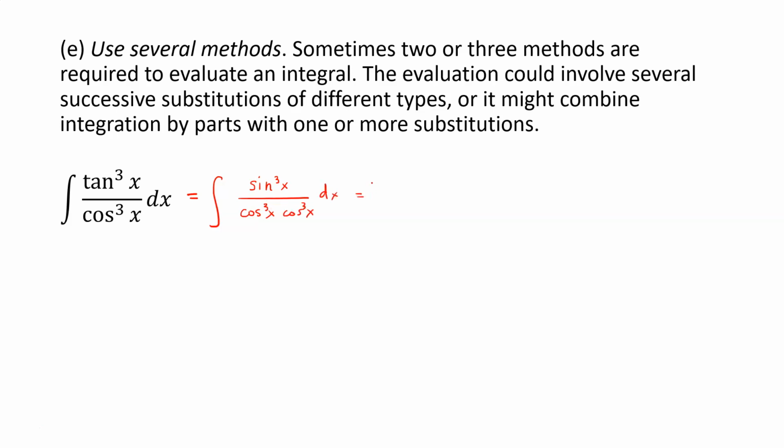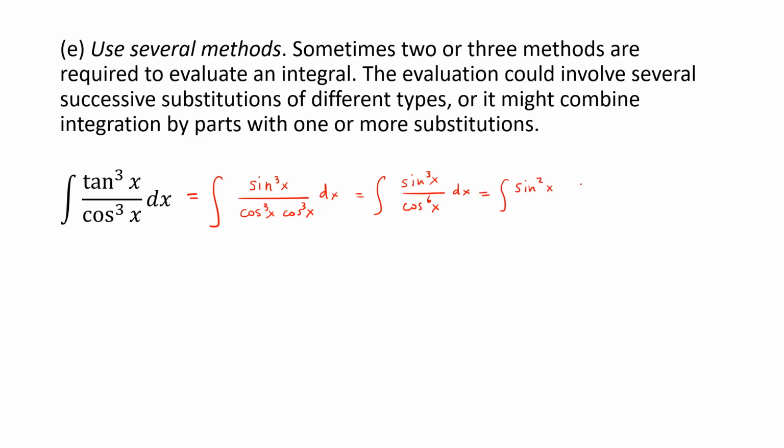So that would be sine cubed over cosine to the 6th. I know a strategy for dealing with odd powers of sine or cosine, so maybe that strategy will work here.